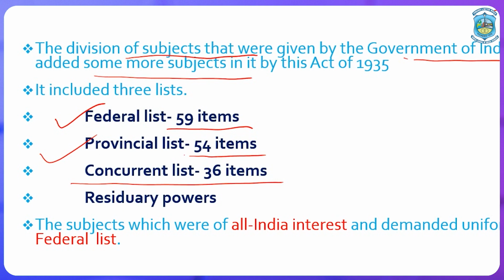Concurrent list means that both federal legislatures and provincial legislatures can make laws on these 36 items. Then there were residuary powers on which there is no consensus yet. In future, whenever there is consensus, laws will be made on these areas accordingly.